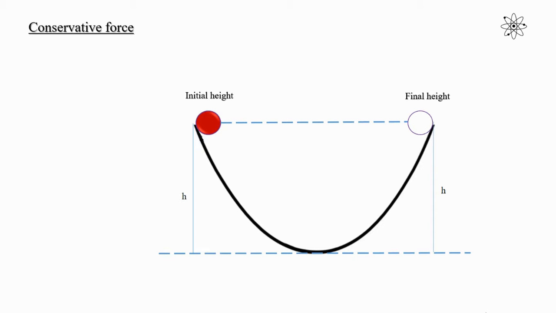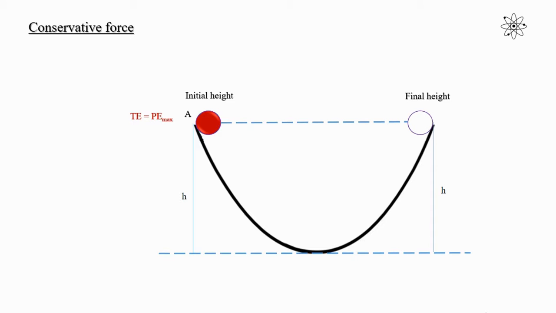This dotted line shows you that the ball reached the same height. Initially, the ball is at position A. Here there is no motion of the ball, hence the only energy possessed by the ball is the potential energy. So the total energy of the ball is the potential energy due to its height.